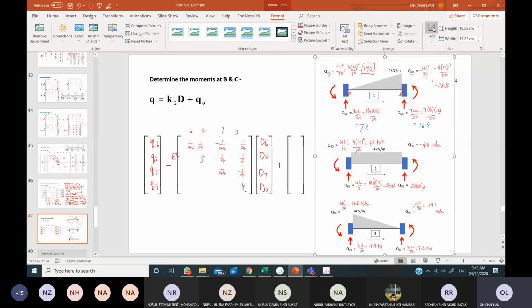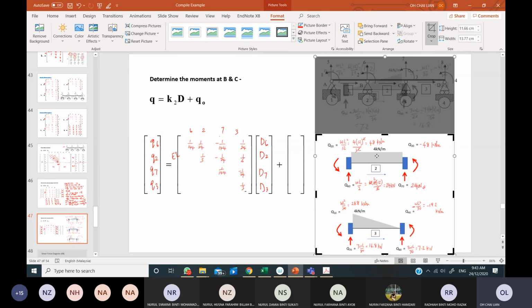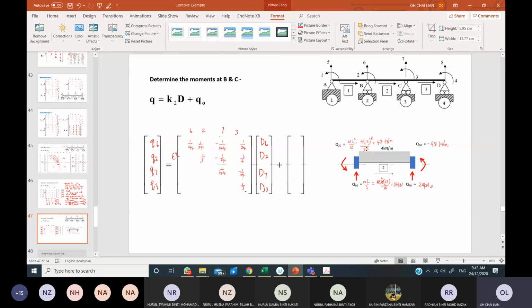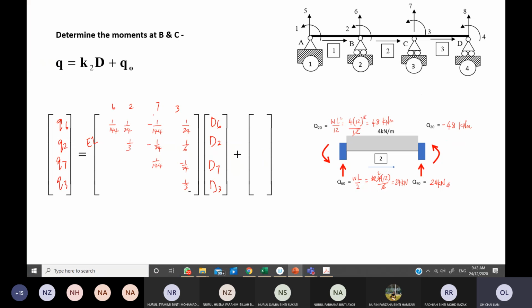I will crop it. So we will follow as well: Q6 naught is 24.